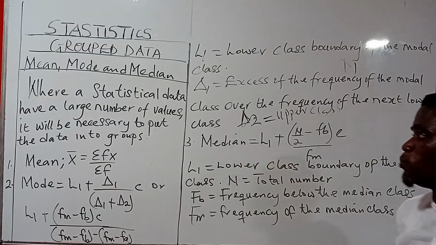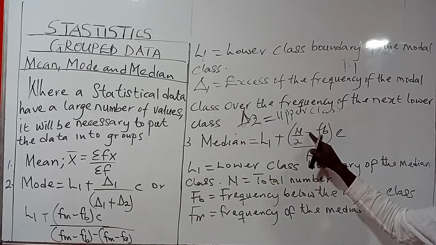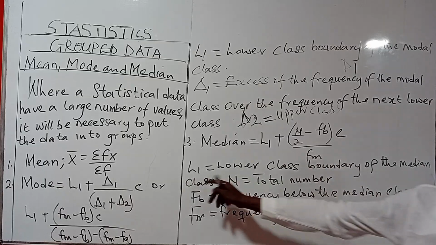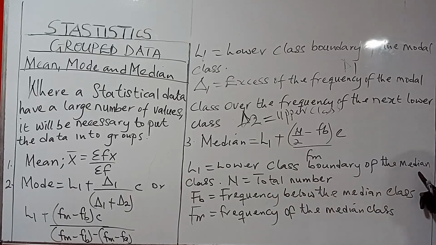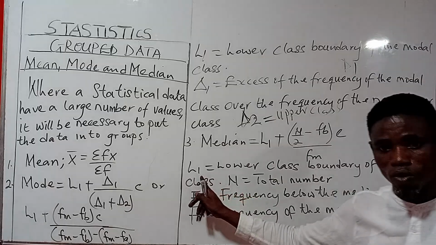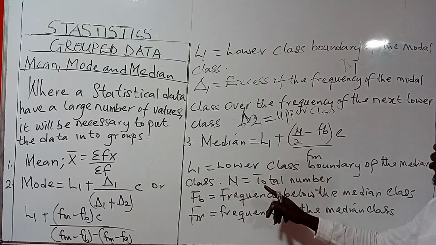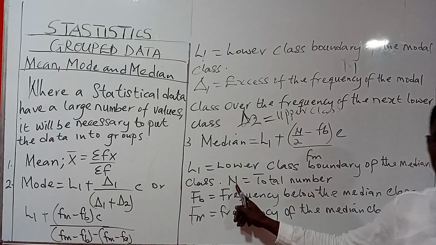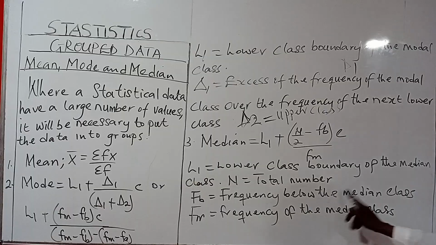Now let's go to the median. We have L1 plus bracket N divided by 2 minus Fb bracket, multiplied by C, divided by Fm. And what is your L1? L1 is the lower class boundary of the median class. We have lower class boundary and we have upper class boundary. Then N is the total number of frequency. Fb means the frequency below the median class.